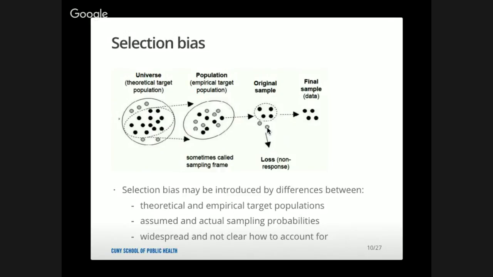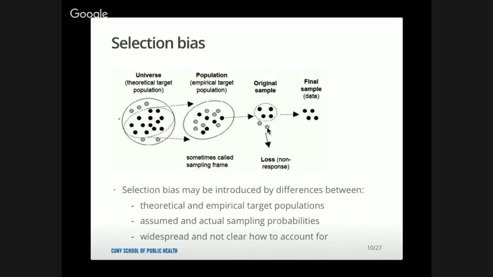For example, to check if there is selection, you should know a priori some features which are correlated with your objective. Let's say you know the distribution within the theoretical population. You check if the distribution of these attributes is similar in your sampled records. If not, then you are doing a biased selection.